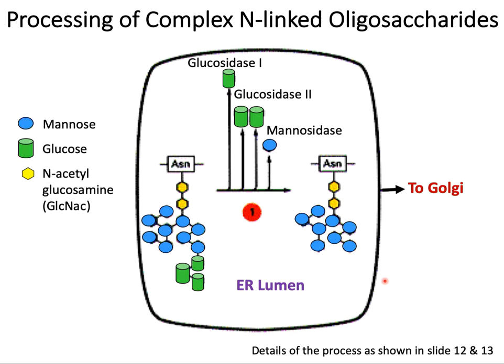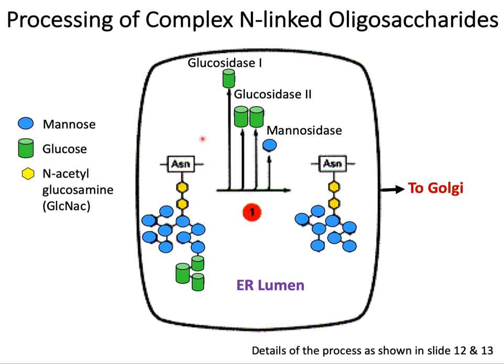So let's take a look at the complex N-linked oligosaccharide. So here we are back in the ER. This is a repeat of the initial step that we have seen before. So you have this asparagine residue and this complex of sugar added as one whole preformed complex, what we say as N-linked to this asparagine.